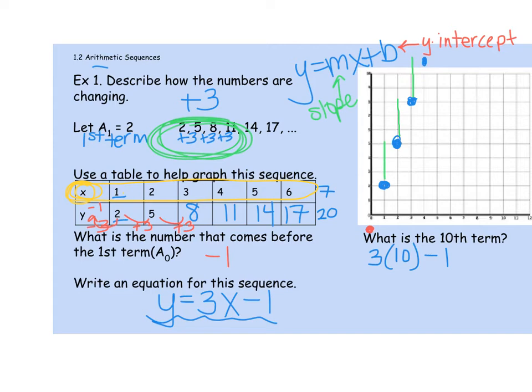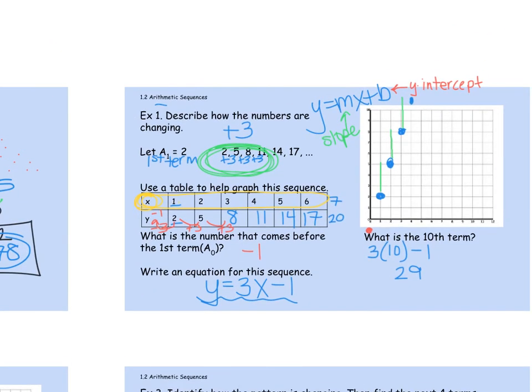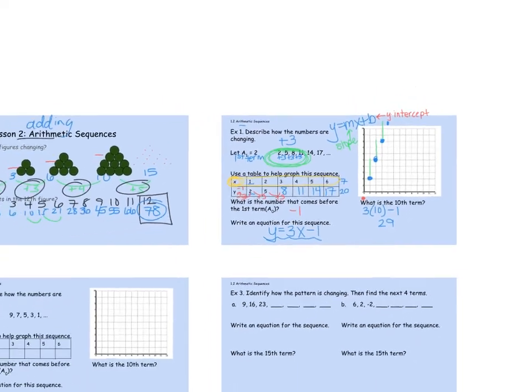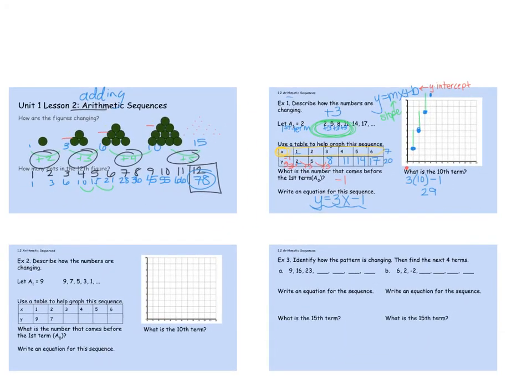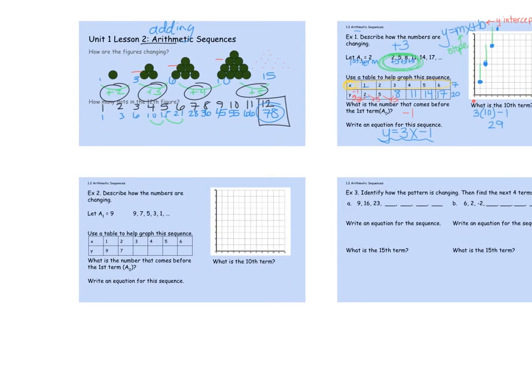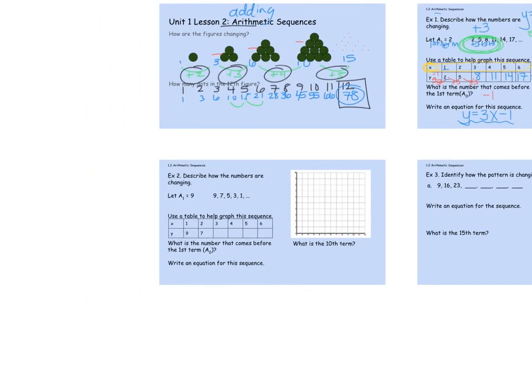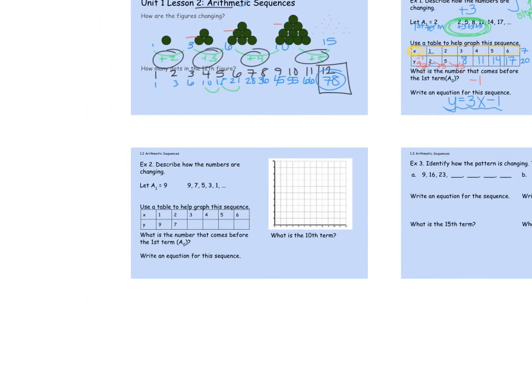So that's why I'm going to plug a 10 in for x. 3 times 10 is 30. 30 minus 1 is 29. Right? Again, not too hard to just continue the table. You can do that. It's totally fine. But if you have an equation, might as well use it, right? Okay. Got another example here.